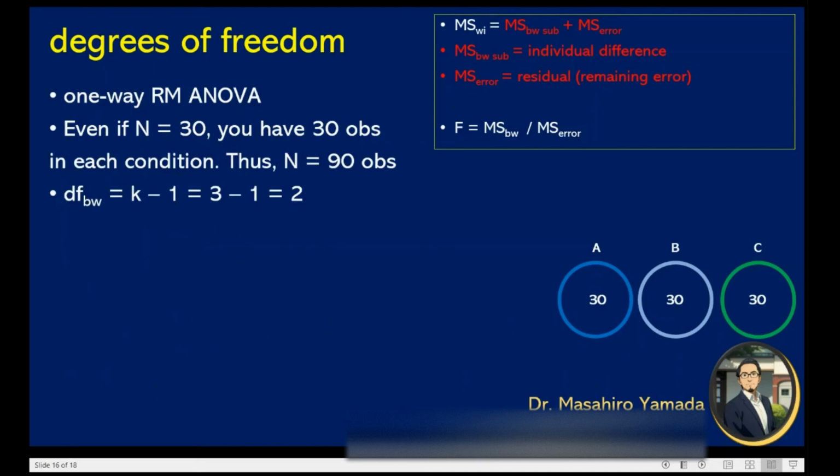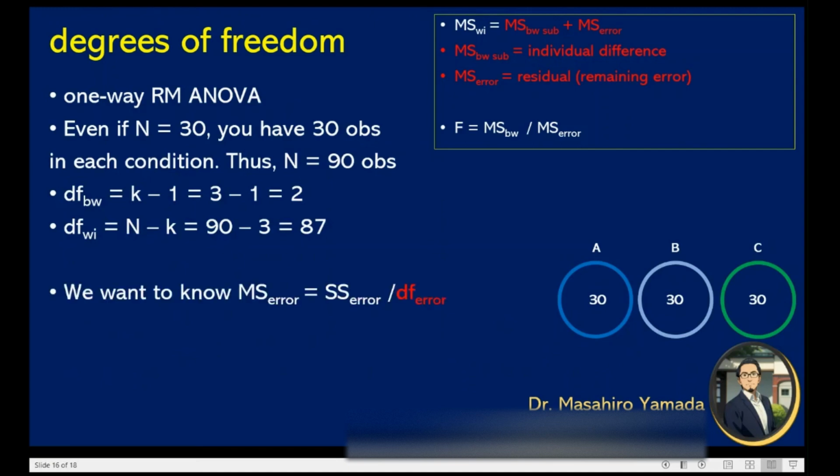The calculation of degrees of freedom between treatment is exactly the same, and within treatment is also exactly the same, but we don't need the degrees of freedom within treatment, right? What we want to calculate is the degrees of freedom error. So how do we do that? Because the degrees of freedom within treatment is made of between subject and error, if you can calculate this, you can just remove it, subtracting this number from the degrees of freedom within treatment, which gives you the degrees of freedom error.